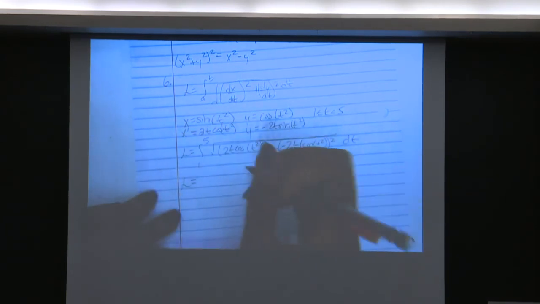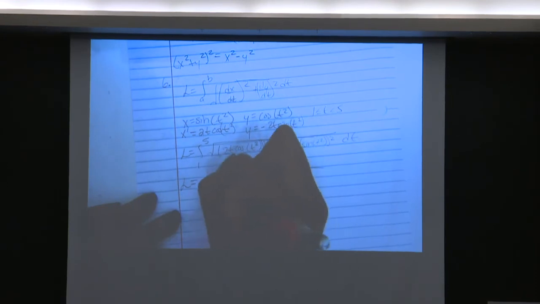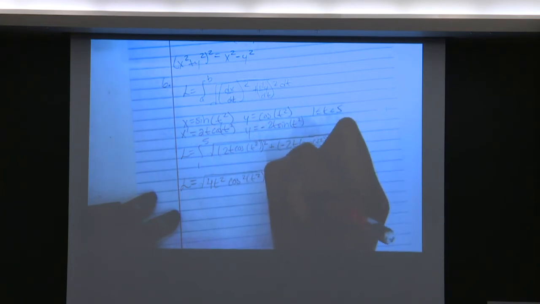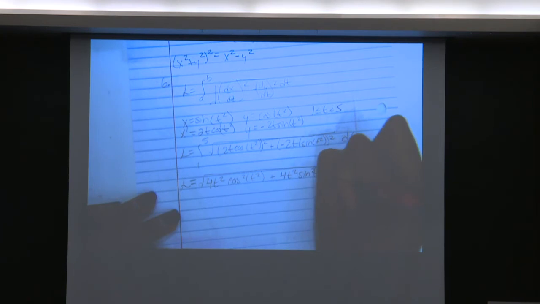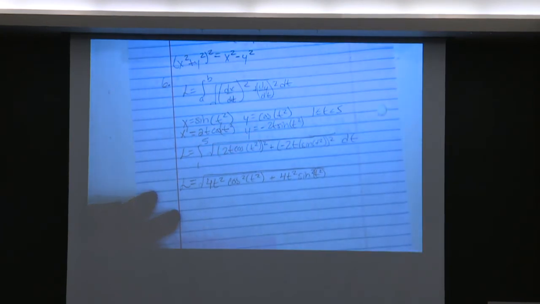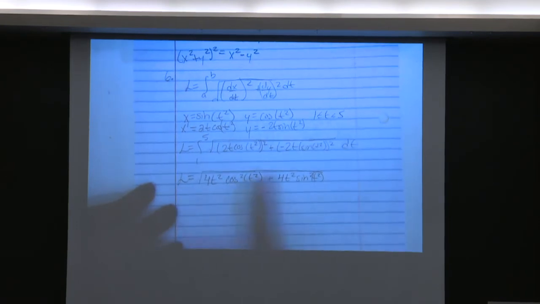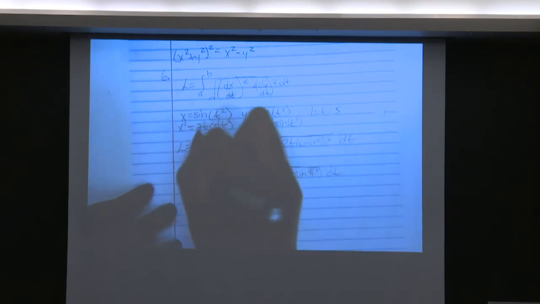Simplifying, you get 4t squared times cosine squared of t squared, plus 4t squared times sine squared of t squared. Again, you see another identity in here. Both have 4t squared, so you can pull that out. Then you have cosine squared plus sine squared, which gives us 1. So it works out beautifully.